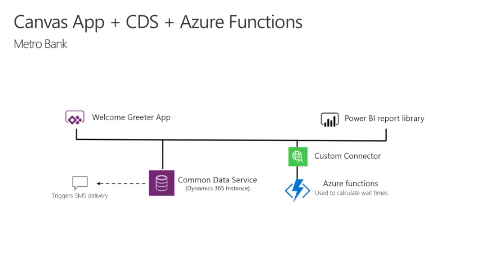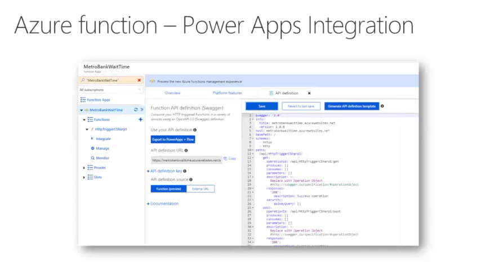a lot of this hybrid where most of the app is built in Canvas, and then there is additional complex logic that needs to be written, and that's moved server side. In this case, it's an Azure function, but it could be a full-on web layer through REST APIs or whatever. There is more and more integration with Azure in order to make this operation seamless.